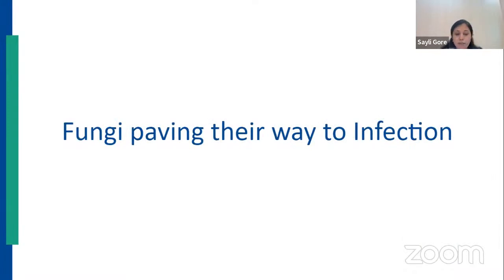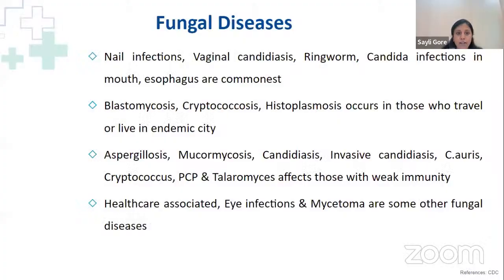I'll quickly take you through what kinds of fungal diseases occur. There are many kinds of fungal infections, such as nail infections, vaginal candidiasis, ringworm, and Candida infections in the mouth and esophagus. They are very, very common all over the world. Then blastomycosis, cryptococcosis, and histoplasmosis occur in those who travel to or live in endemic regions.